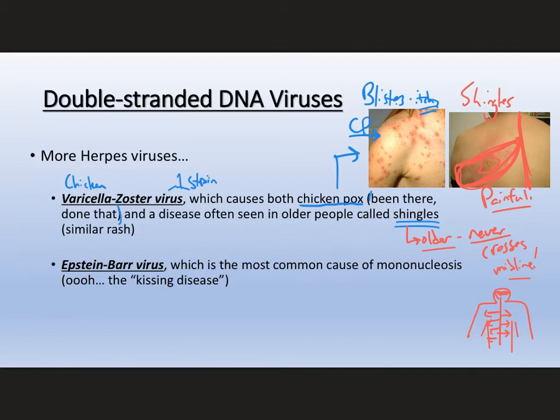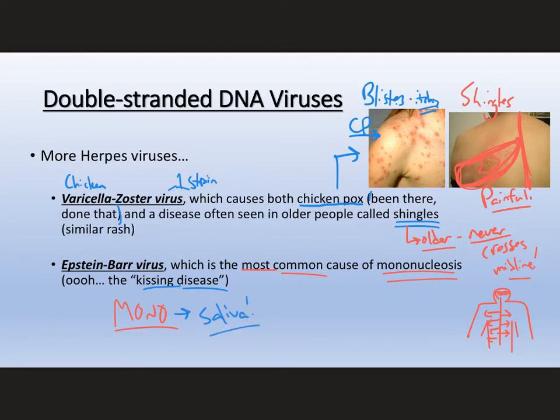Now, the next herpes virus is called Epstein-Barr virus. Epstein-Barr virus is one of the causes. In fact, it's the more common cause of mononucleosis, or mono, right? And mono is oftentimes referred to as the kissing disease. It's called that because it is found in such high numbers in saliva.